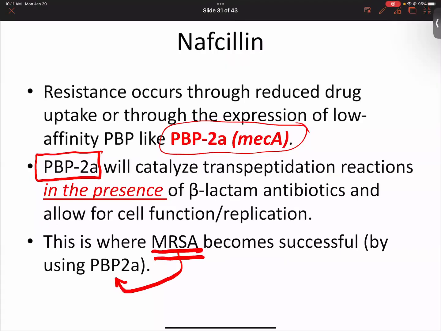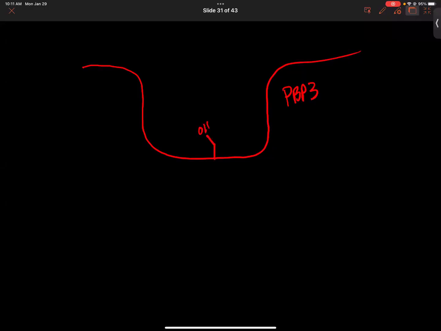I'm going to spend a second talking about this because I think it's important and I think it's very interesting. So I want this to represent just your garden variety penicillin binding protein, we'll say 3, okay? And penicillin binding protein 3 has that critical serine residue, serine 17 or whatever it is.